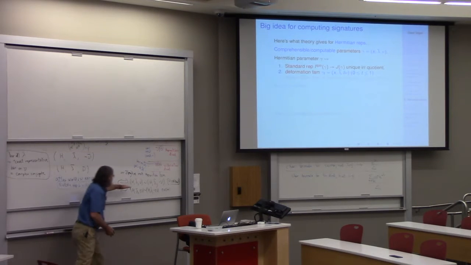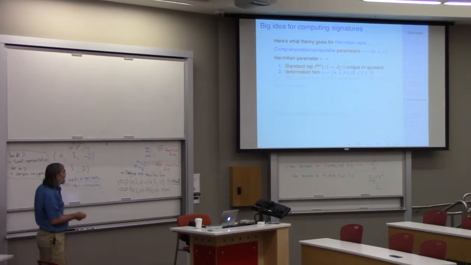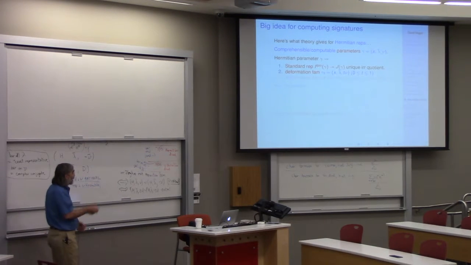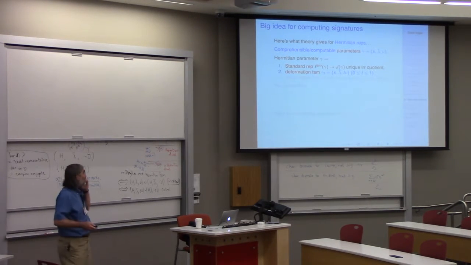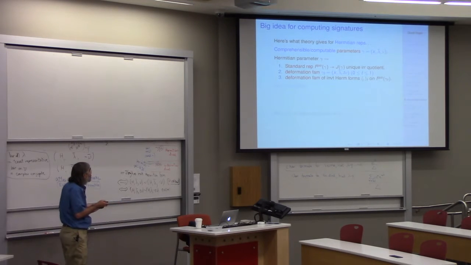And so if you have one Hermitian representation, you automatically get a one parameter family, and that's what we're going to work with.